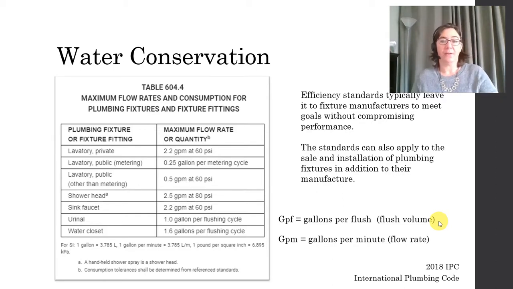Some of the standards that the states adopt apply to the sale and installation of the plumbing fixtures in addition to their manufacture. So not only can you not make fixtures that don't hit these goals, all right, in a particular state, but you can't sell them and you can't install them, right? Three different corners of the same legislation.